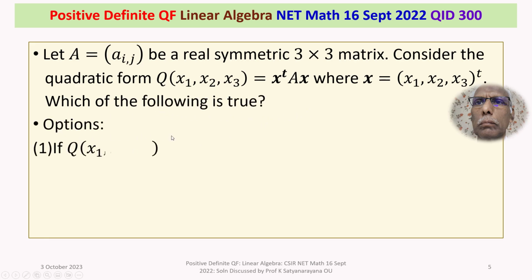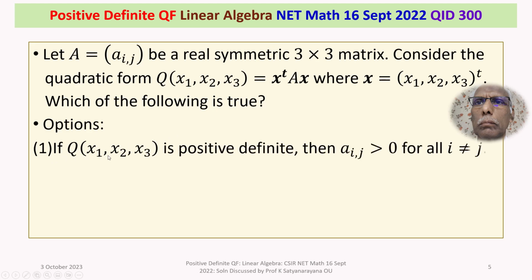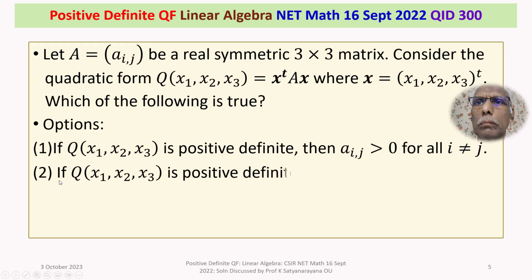We are given four options. Option 1, if Q of x1, x2, x3 is positive definite, then Aij is greater than 0 for all i not equal to j. Option 2, if Q is positive definite, then Aii greater than 0 for all i.